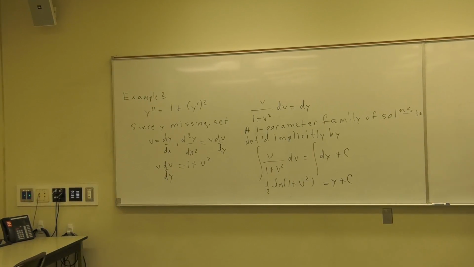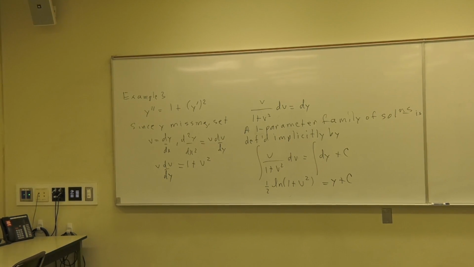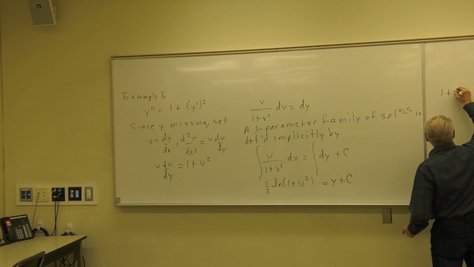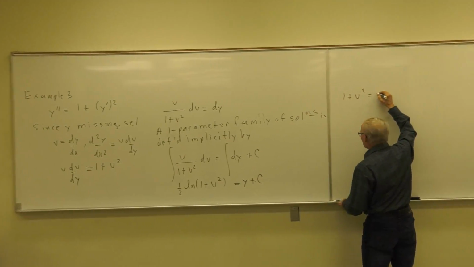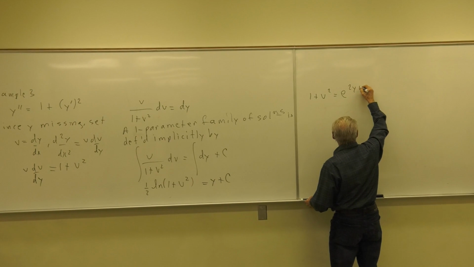So that we can do our second differential equation. Let's see. Okay, up with the 2 and exponentiate. 1 plus v squared is equal to e to the 2y plus 2c.